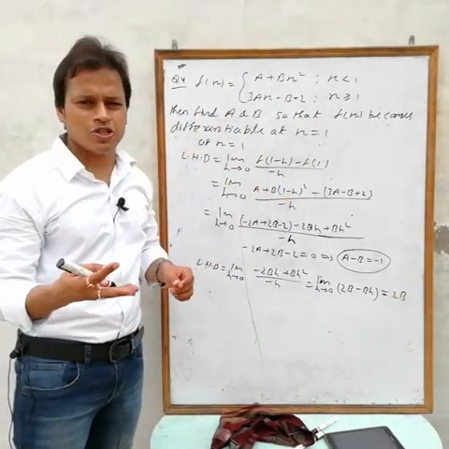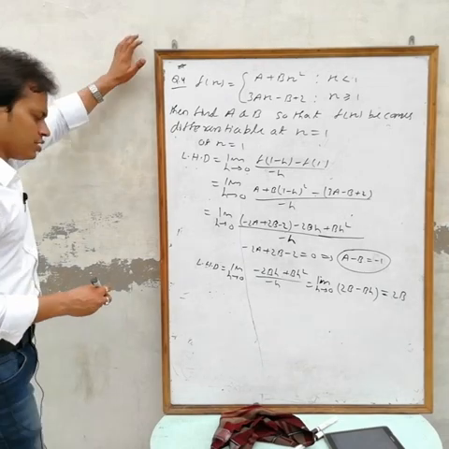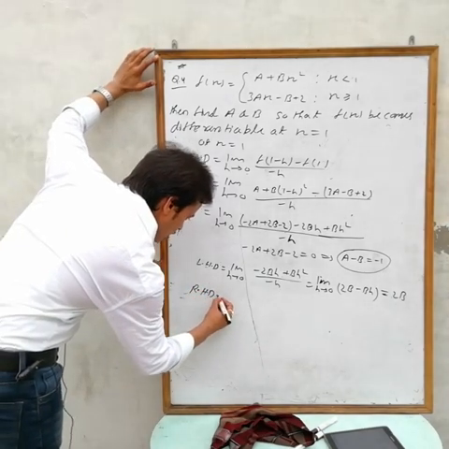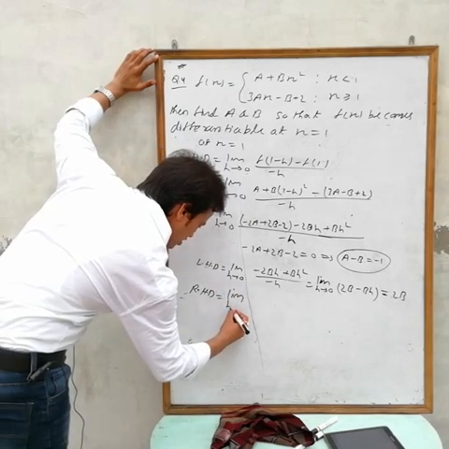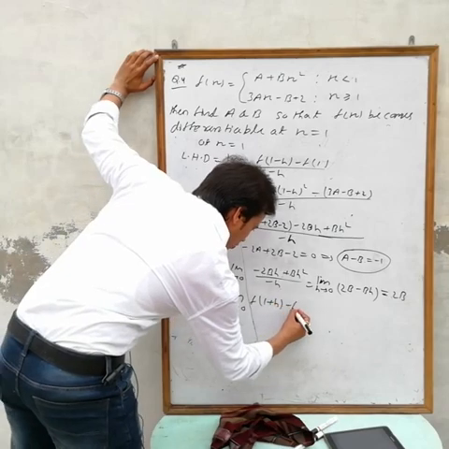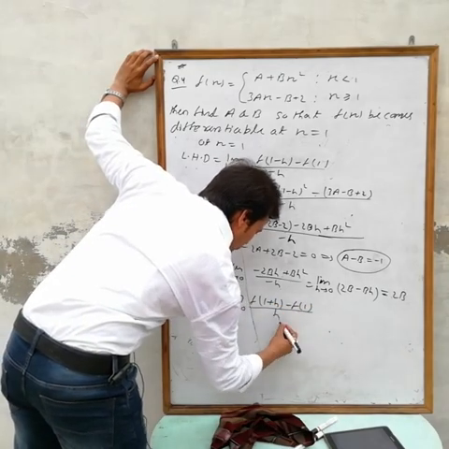Now LHD must be equal to RHD. Now find RHD. RHD is limit h tending to 0, f(1 plus h) minus f(1), by h.